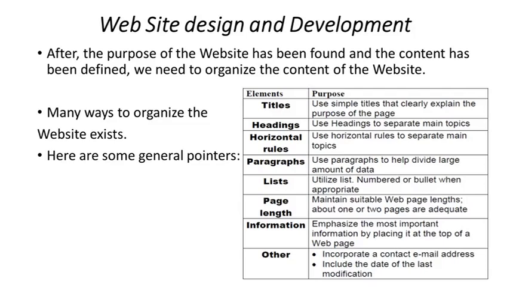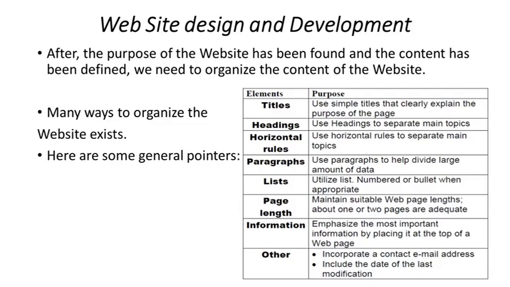Which image should be displayed first? Which image should be displayed second? What kind of table should be displayed? What information in a table? All those, the order. That is what we are doing in website design and development. Many ways are there in the website to organize.